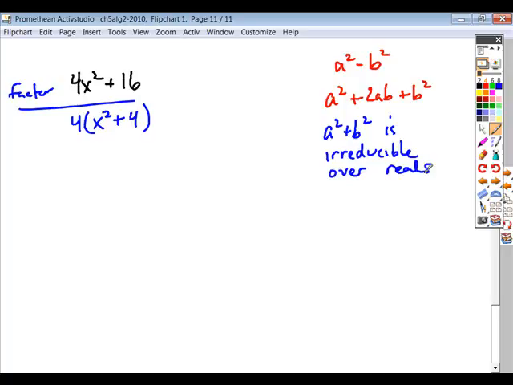But in the real number system, the sum of squares is irreducible. It has no factored form other than any common factors that can be removed from it. Again, hopefully you can solve these and see them quickly. It will save time if you're familiar with them.